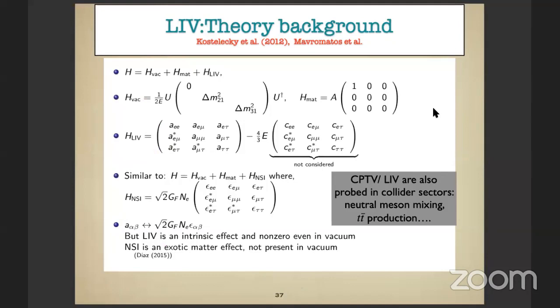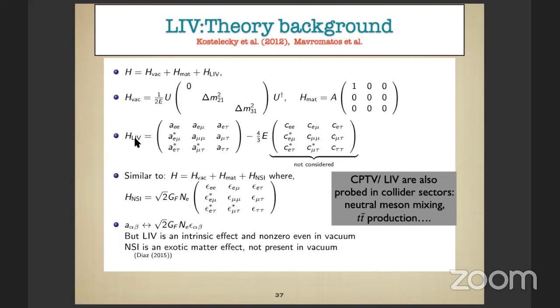Okay. So one can ask what the difference is between this kind of LIV analysis and the NSI analysis we have seen previously. Both of them have very similar Hamiltonian structure. I have also put the Hamiltonian structure here: this is the LIV Hamiltonian, and this is the NSI Hamiltonian. The important difference is that the NSI Hamiltonian is proportional to the electron density in the Earth, so this is nothing but an exotic matter effect.